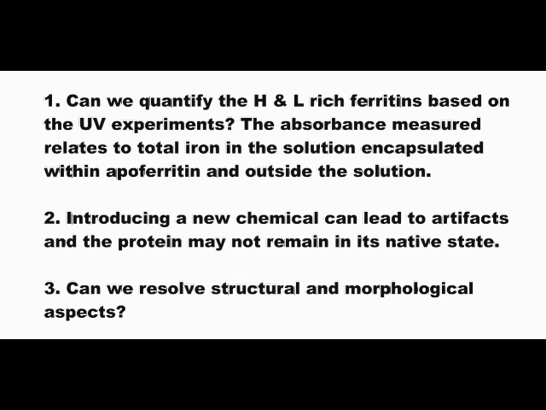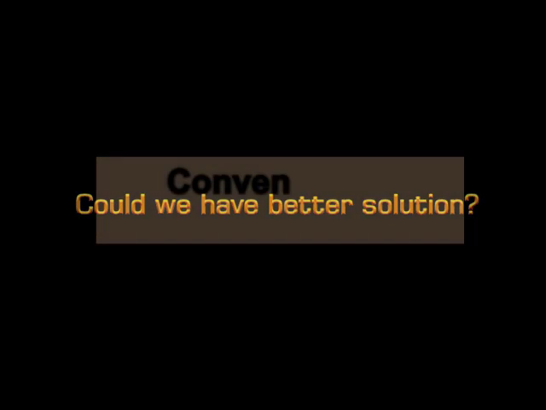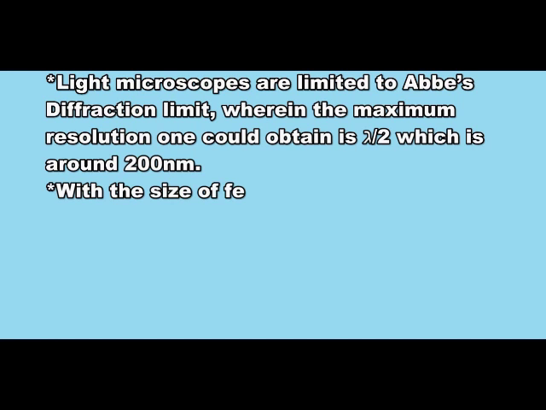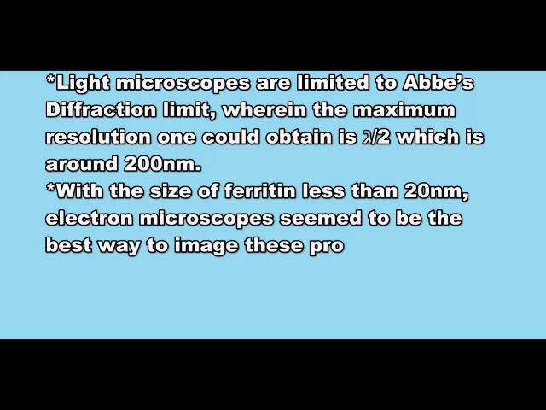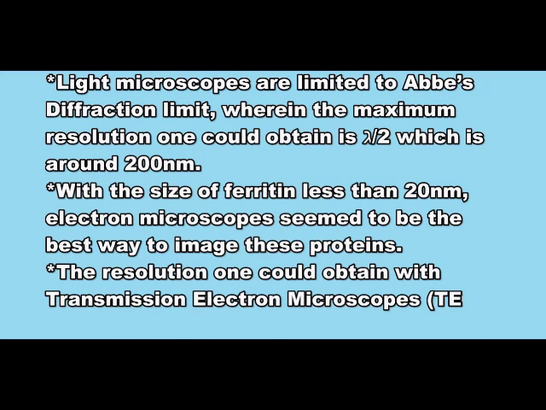So people came up with electron microscopy techniques to understand ferritins. The next part is to understand ferritins using these better solutions, or electron microscopy techniques. In earlier times they used conventional electron microscopy to image ferritins, because with electron microscopy we can overcome Abbe's diffraction limit, and the ferritin size is 20 nanometers, so it seemed to work better that way.